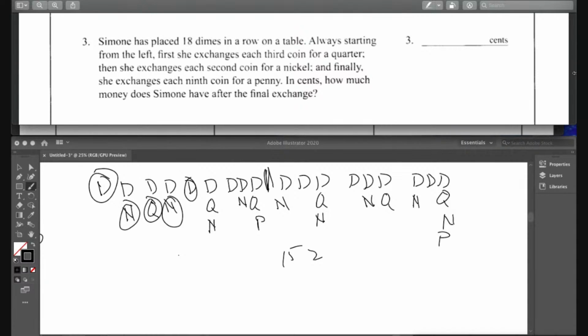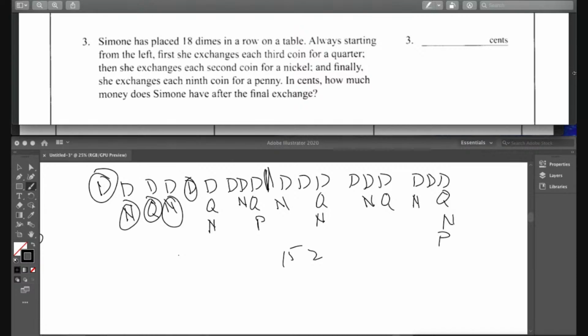Well, like you drew it out. I don't think you necessarily have to draw the whole thing out. You could very well just say first you'll end up with 12 dimes and 6 quarters.